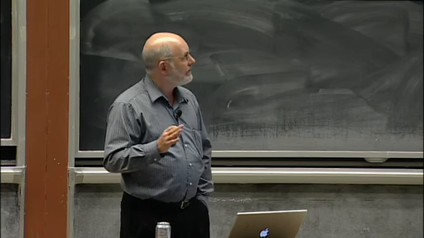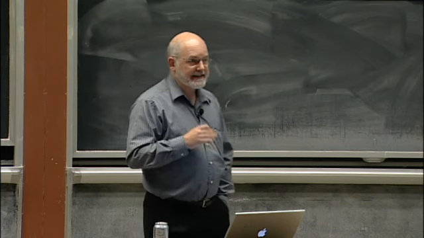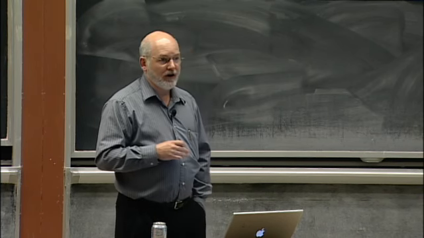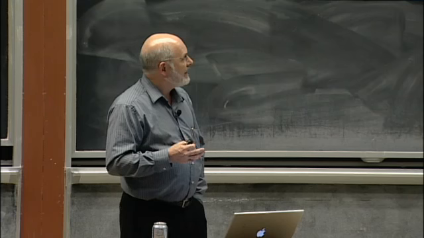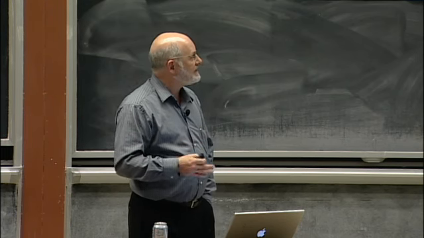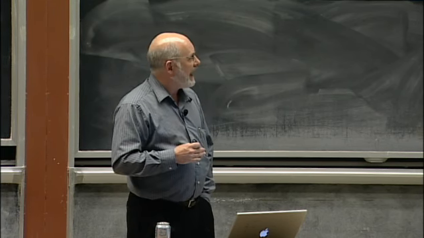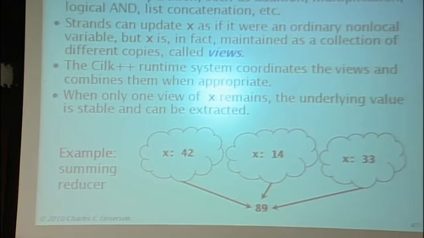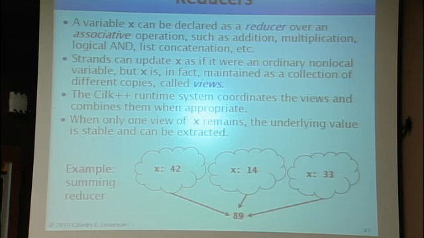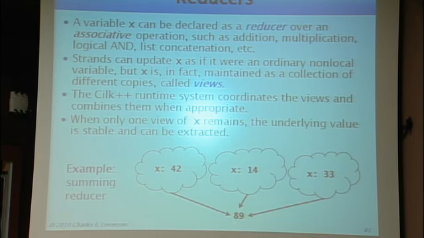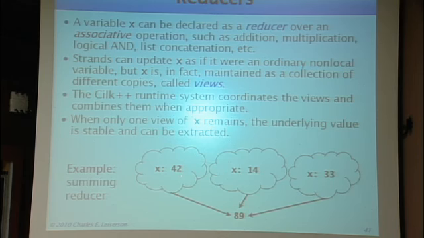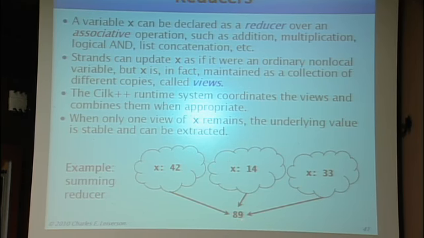So now the individual strands in the computation can update x as if it were an ordinary non-local variable. But in fact, it's maintained as a set of different copies called views. The Cilk++ runtime system coordinates the views and combines them when appropriate. And when only one view remains, now you can get the actual value. For example, you may have a summing reducer where the actual value at this point in time is 89, but each processor may only see a different value, whose sum is 89.